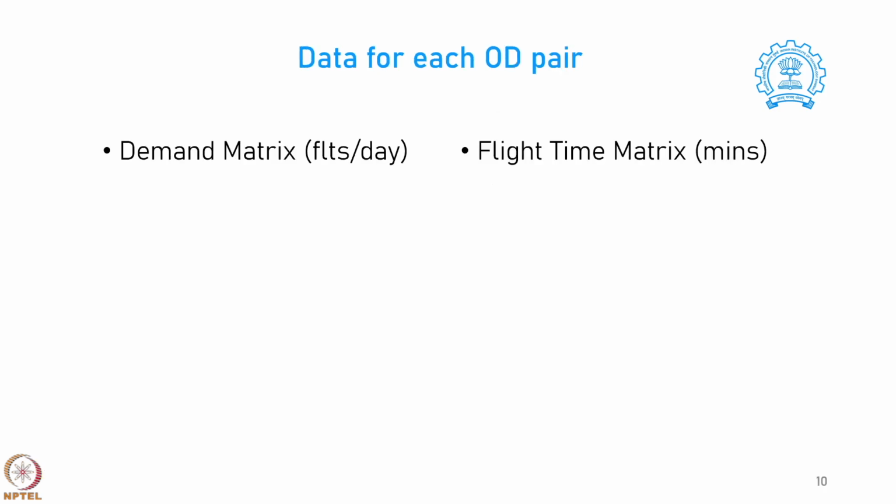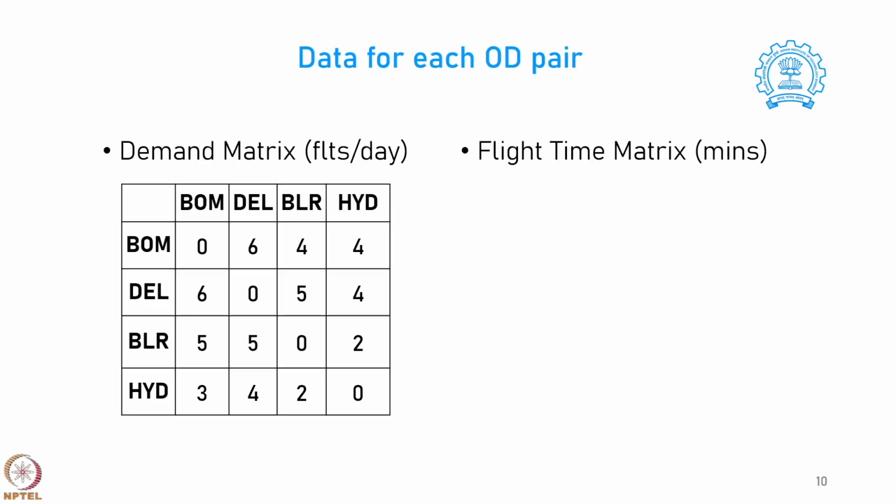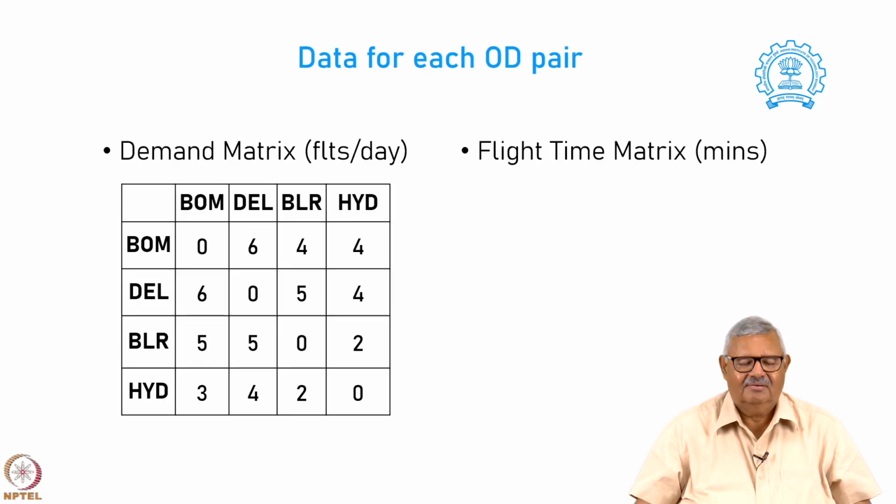Now, we are going to look at the data for each OD pair in a little bit more detail. On the left hand side you see the data regarding how many flights per day are expected to be flown or desired to be flown between each city and the other city. Here we notice some asymmetry also in the data.